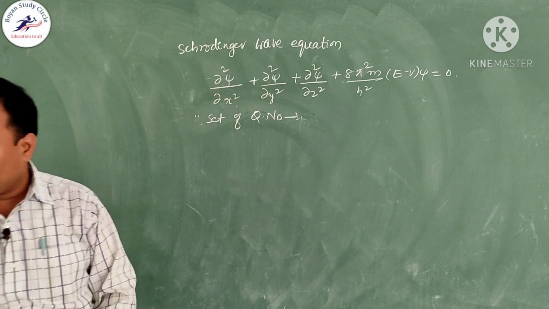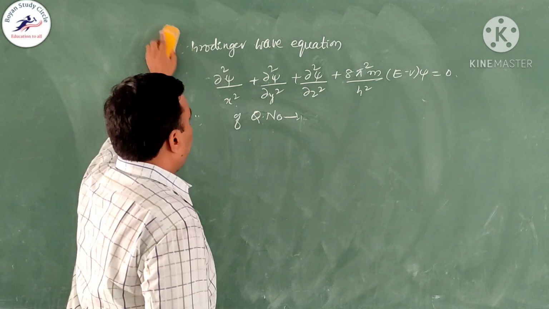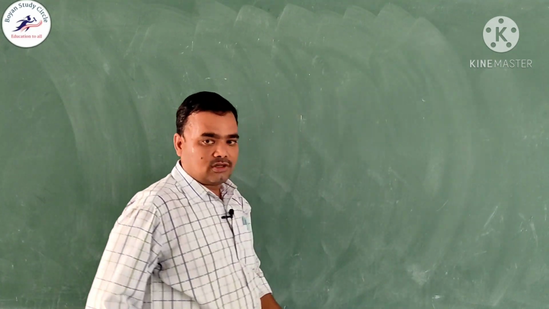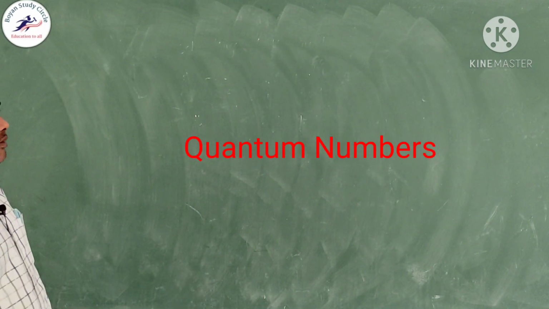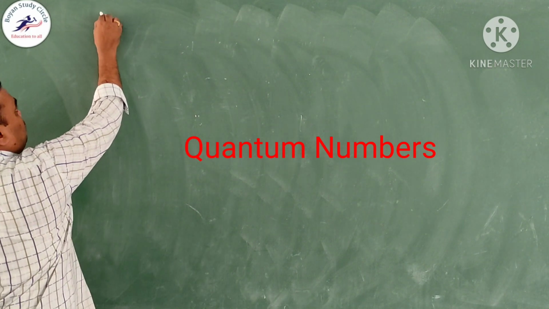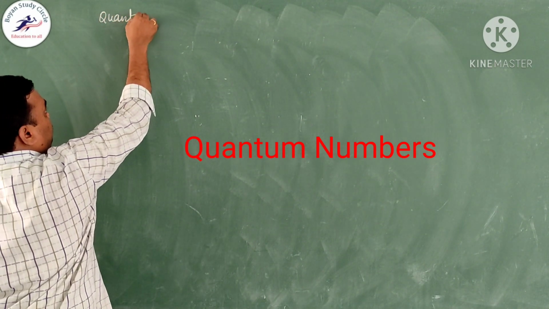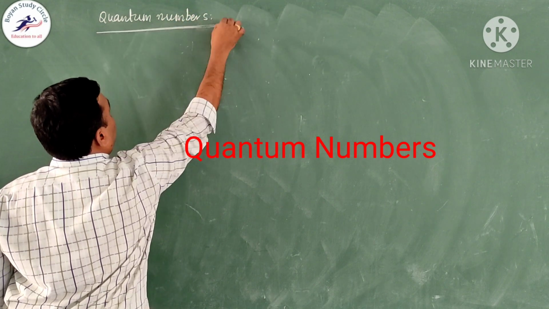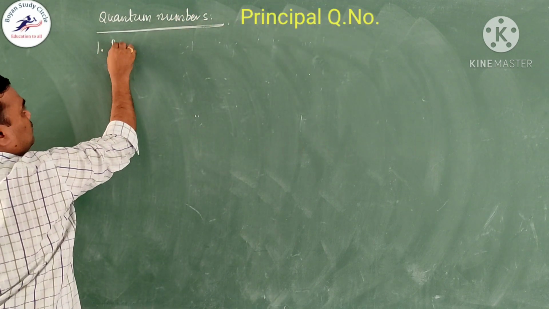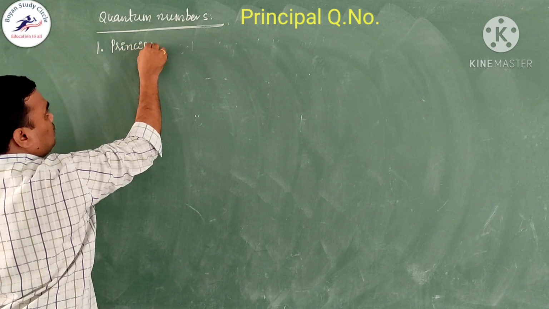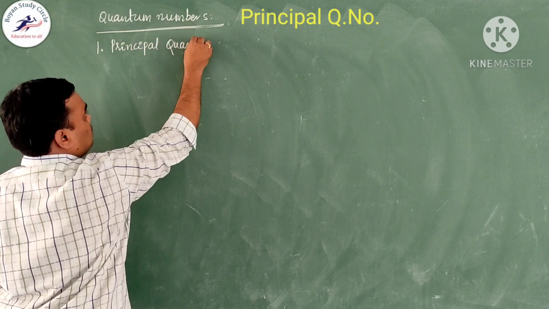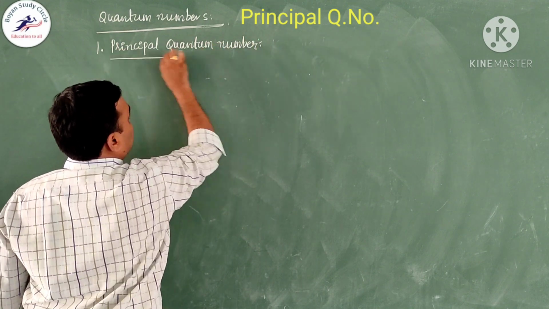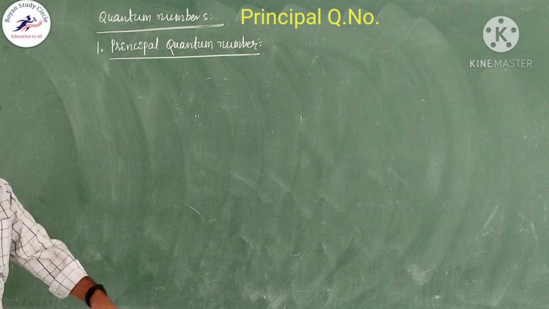Now we are going to discuss the quantum numbers, by which you can explain the address or the nature of the electron completely in the given orbits. So, the first quantum number is the principal quantum number.